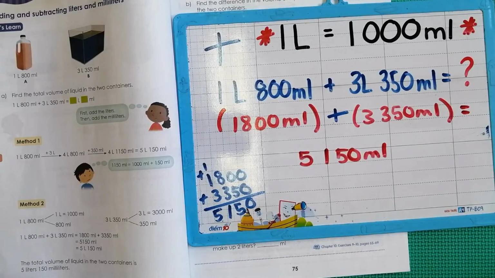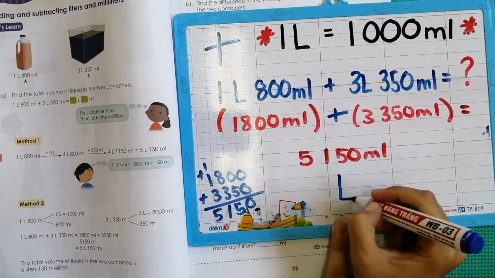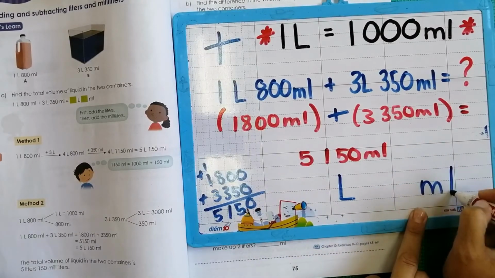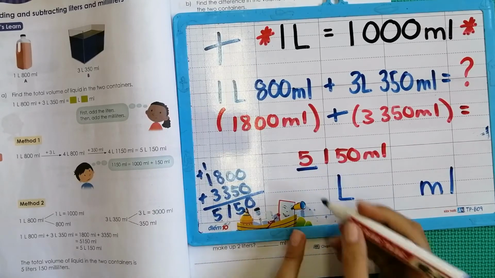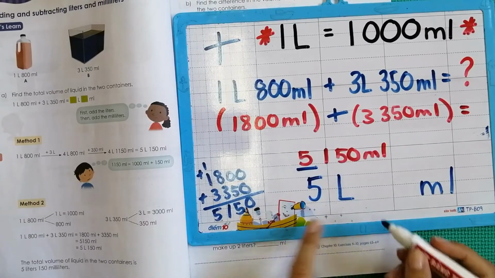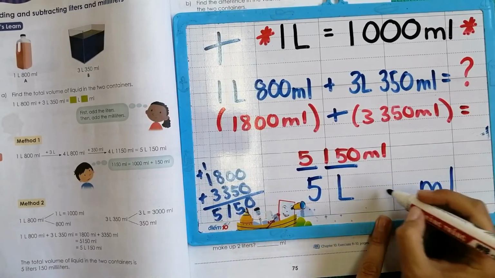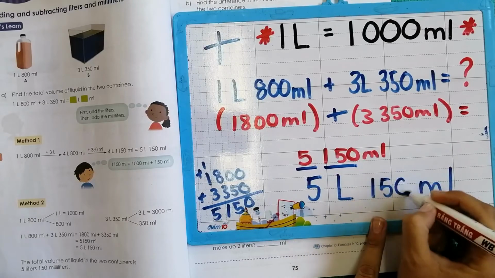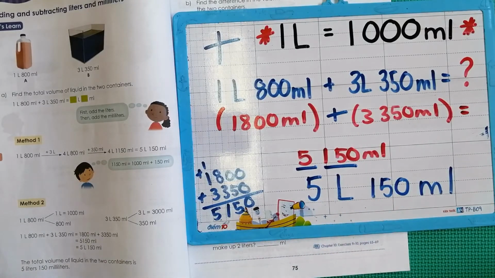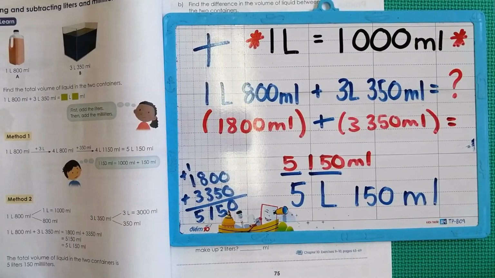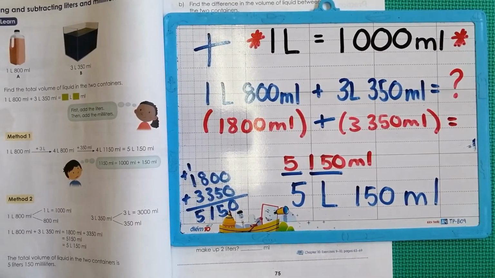And if they want it in liters and milliliters, that's very simple, because we know how to do that. We look at the thousands column, that is 5 liters. We look at the rest, and that is 150. Very simple on how to add milliliters and liters.